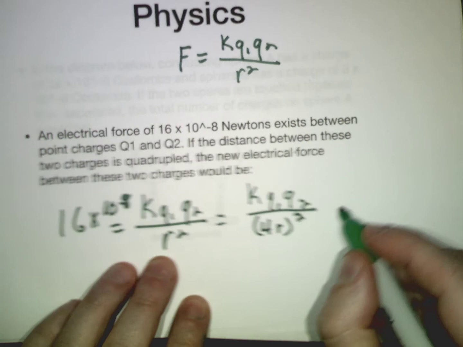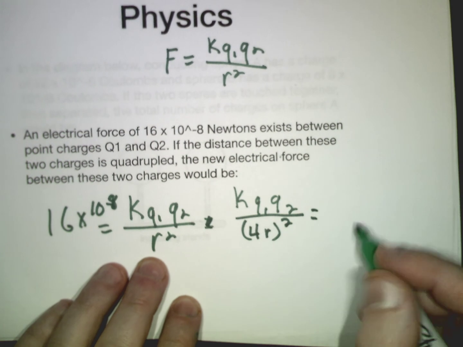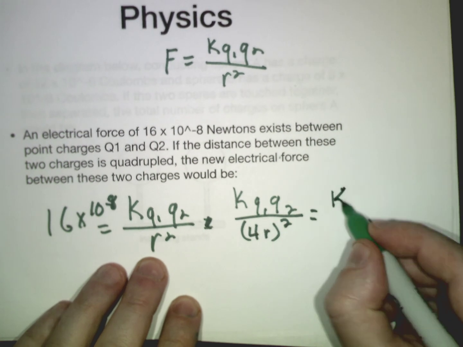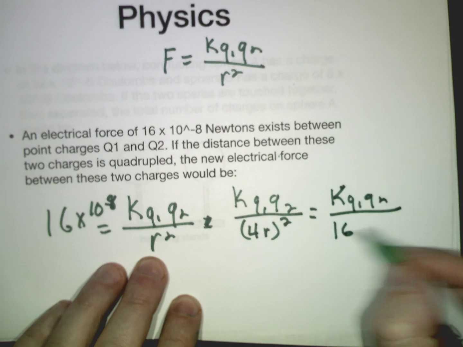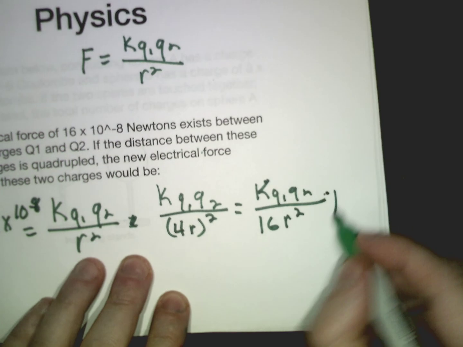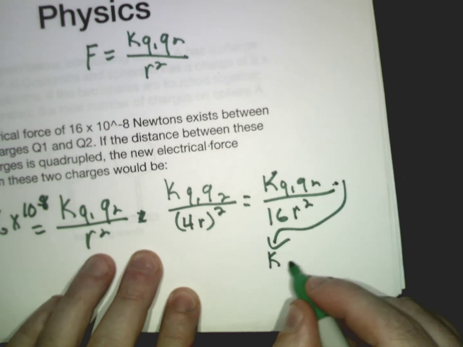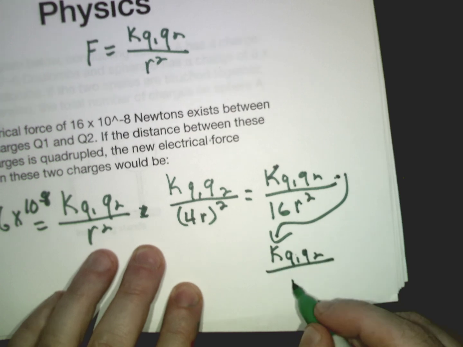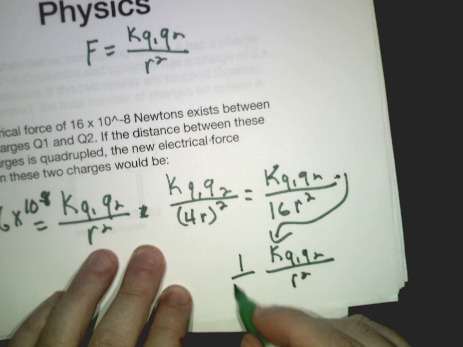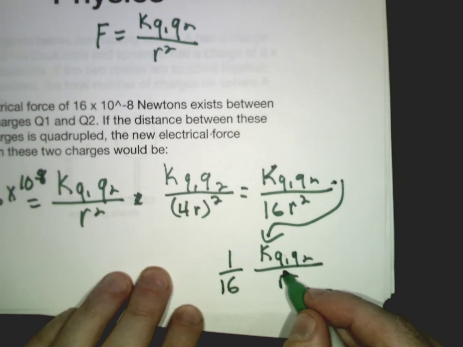Now if I do this, the new force is going to be K, Q1, Q2, 4 squared is 16 r squared. So this is really, I'm bringing this down here, K, Q1, Q2 over r squared. It's 1/16 of that.